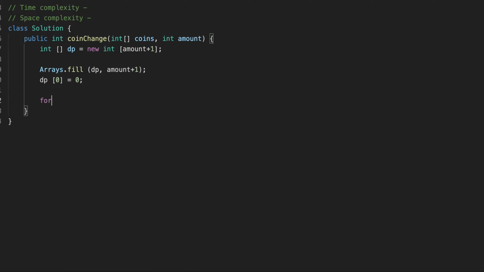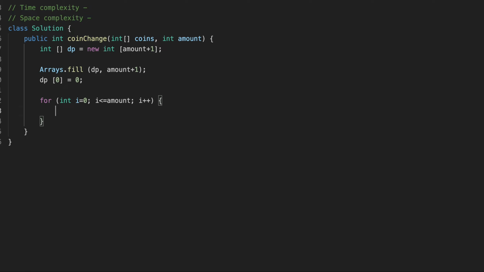Okay, now let's go over our solution. First thing is, let's put our i here. So i is less than or equal to our amount, and i plus plus. So we are incrementing our i.